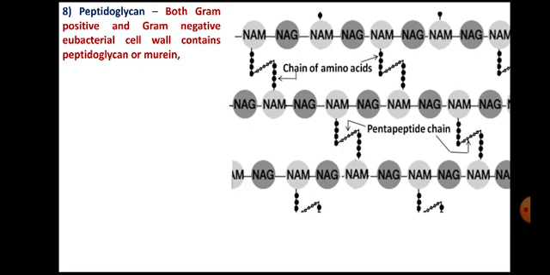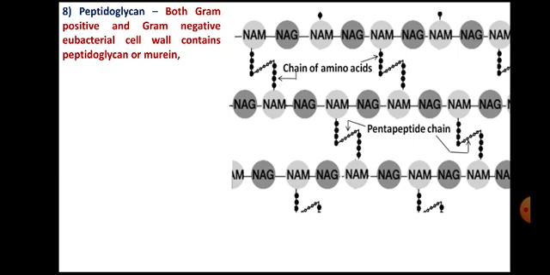However, the percentage of peptidoglycan is different. In gram positive bacteria the percentage is higher. In gram negative bacterial cell wall, it is less.